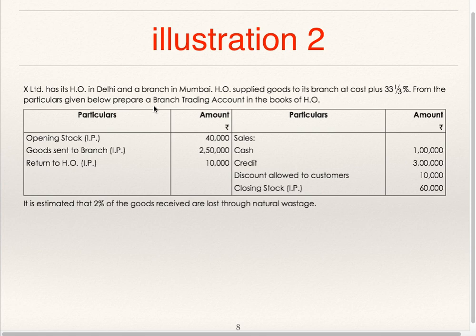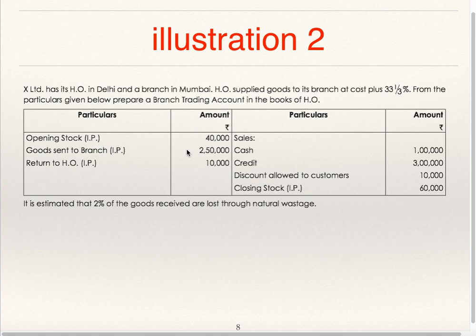From particulars given below, prepare branch trading account in the books of head office. You have been asked to prepare only branch trading account and not profit and loss account. Opening stock is at invoice price, so it is to be recorded at cost.